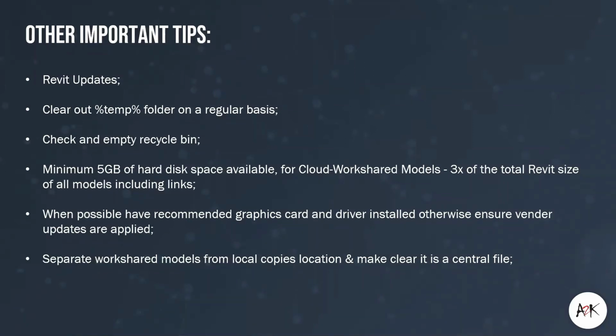It's always recommended that everyone in a team is using the same updates. Otherwise, especially when working in a work sharing environment, people will access models with different build versions with the Revit software. And the models it can lead to issues down the track. So always ensure that everyone has the proper updates applied.